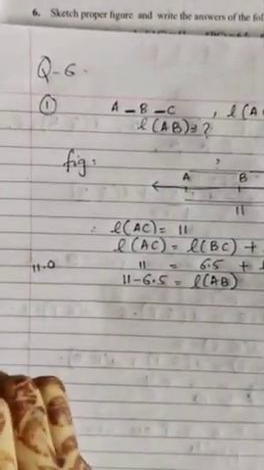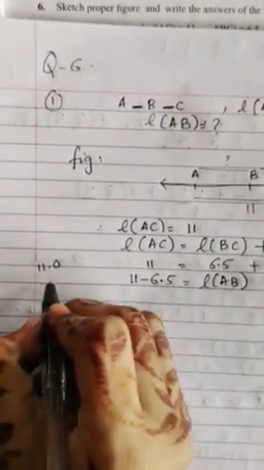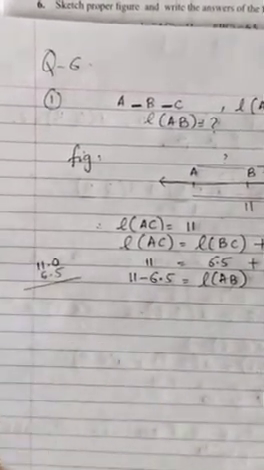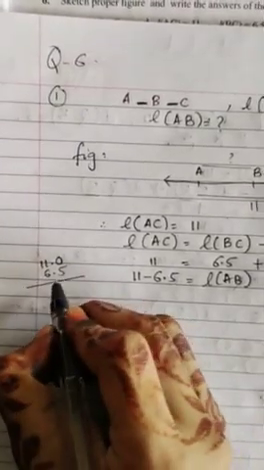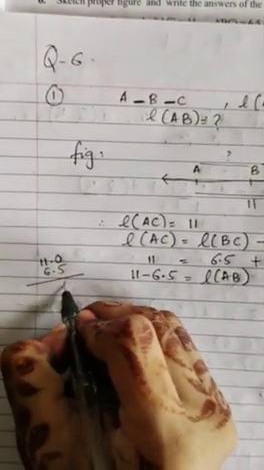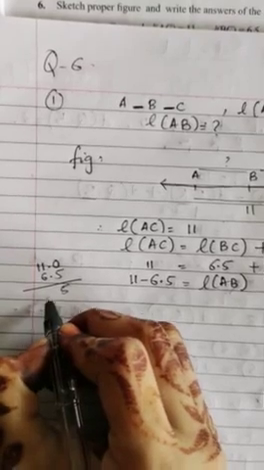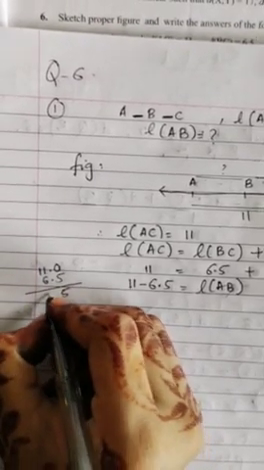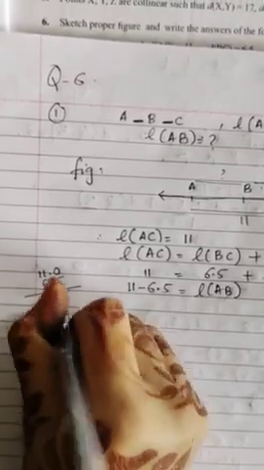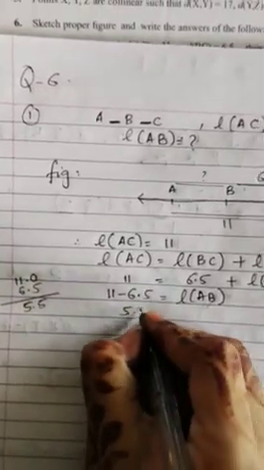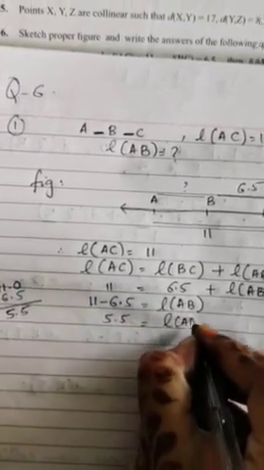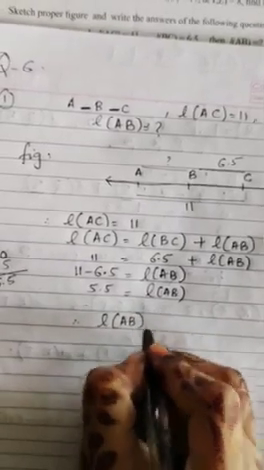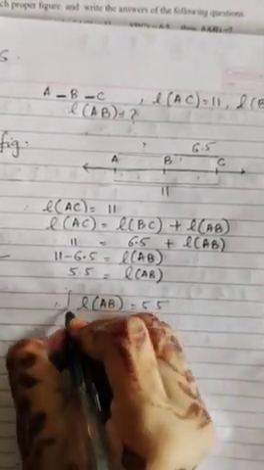Okay, 11.0, and this decimal point should be below the decimal point, and this 5 and this will be 6. Get it? So 0 minus 5, 5. 11 minus 6, 5. Right? 5.5. So 5.5 is equal to length AB. Do it right. AB is equal to 5.5.